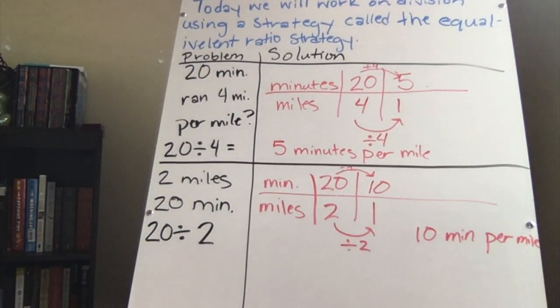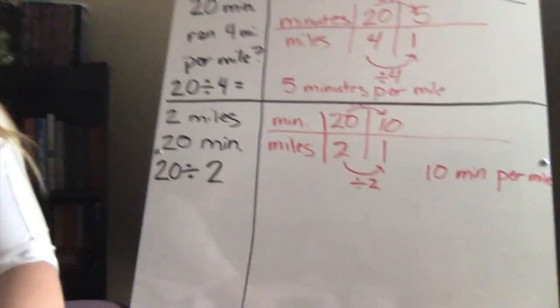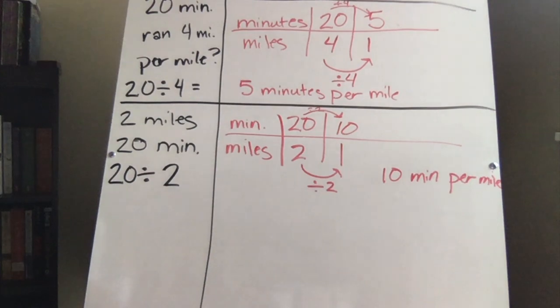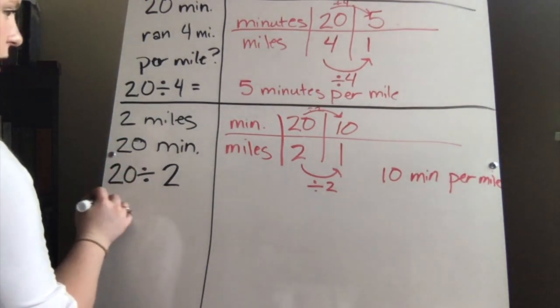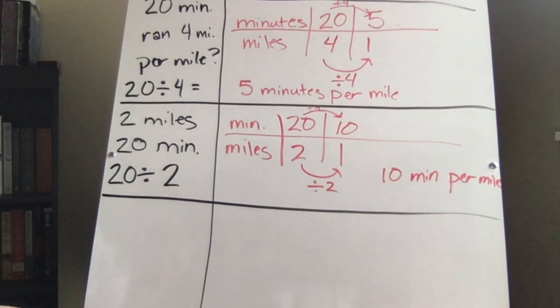Good. Now this next one, I'm going to read it to you, and then I want you to pause and see if you can solve it on your own. And I'm going to move it down just a little bit so you can see all of the work. So the next problem we are working with is a student ran 8 miles in 40 minutes.